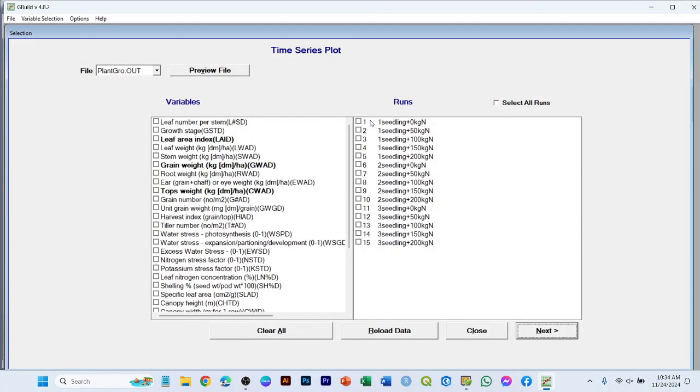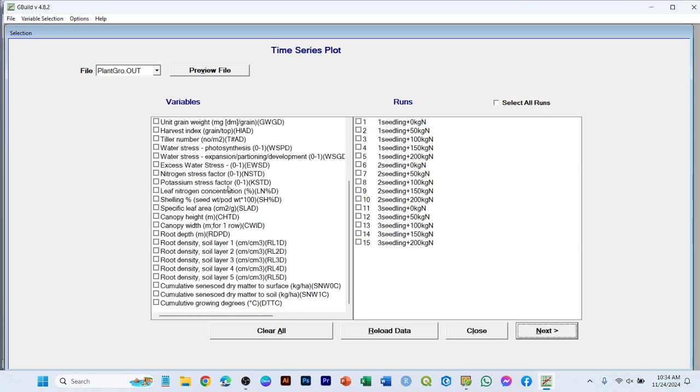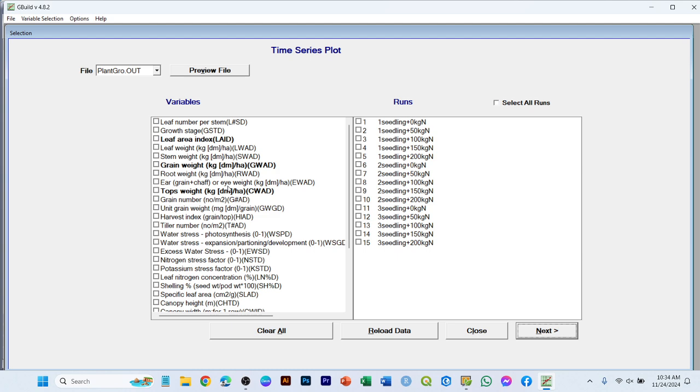Okay, so over here you will see the values in graphical representation. That was in figure, or you can say in digital comparison.